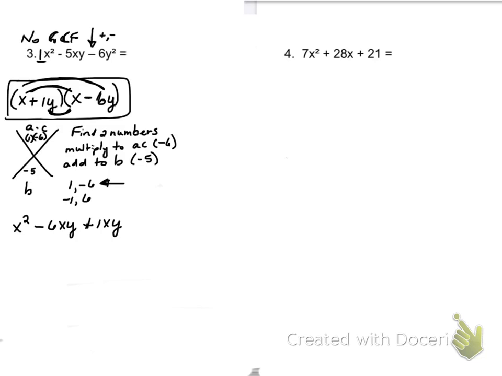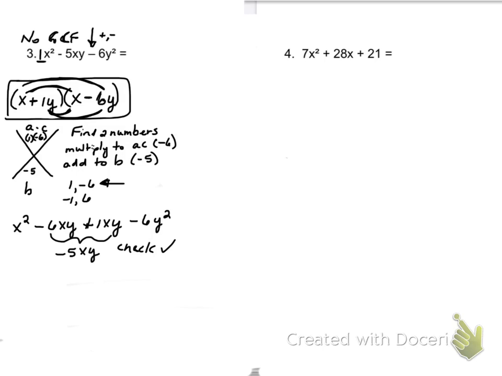And then the last terms in each parentheses are the 2 y values, so that's going to be y times y, or negative 6y squared. And then these two middle terms will add to give you the negative 5xy. So it checks. When we multiply, we get the correct answer. We go back to our original problem.